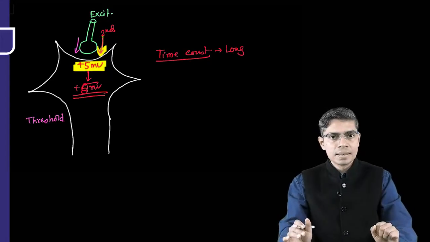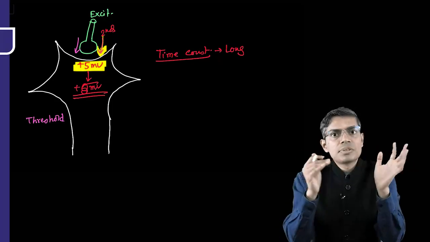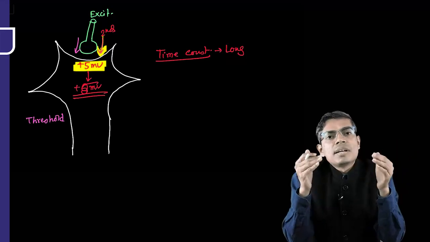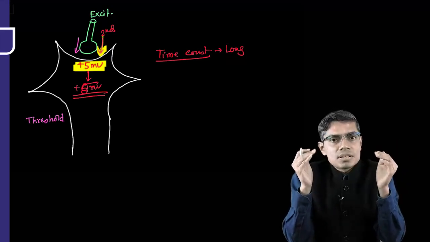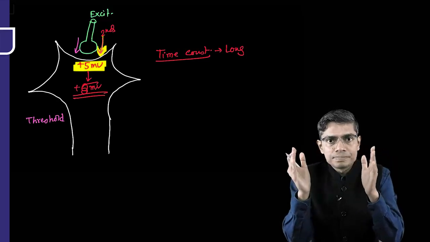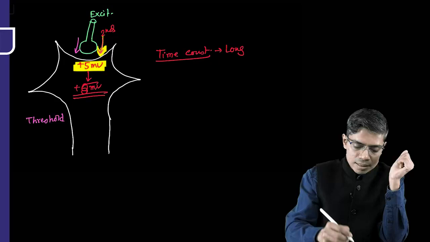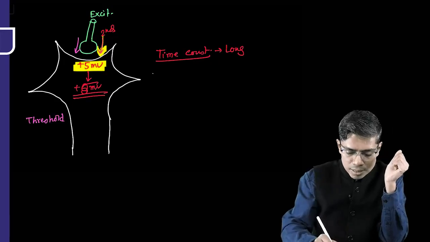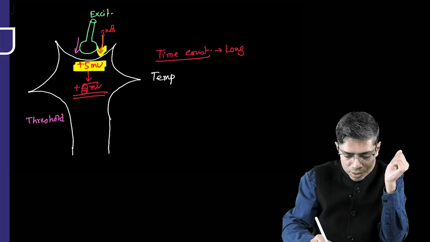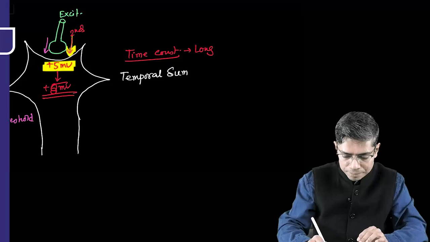That means if you give two stimuli and you want them to sum up with one another, then you require a long time constant. This kind of summation, where two stimuli are given over time and the summation is occurring, is known as temporal summation. This is known as temporal summation property, right?